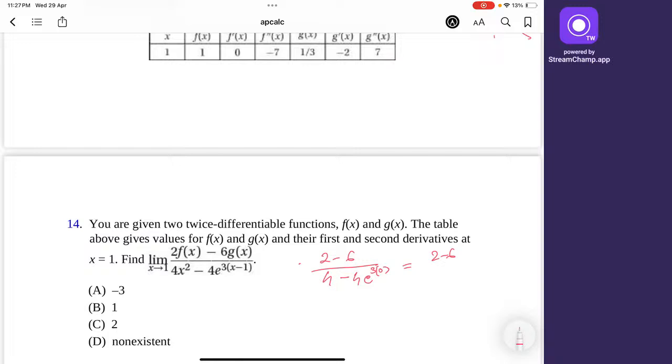What is g of 1? G of 1 is 1 by 3. So 2 minus 2 or 4 minus 4, which is 0 by 0 form. So we use L'Hopital's rule.